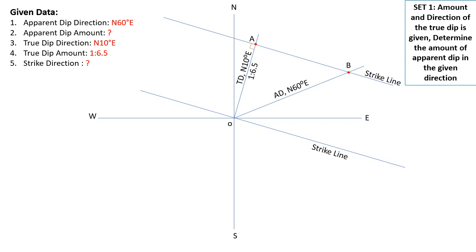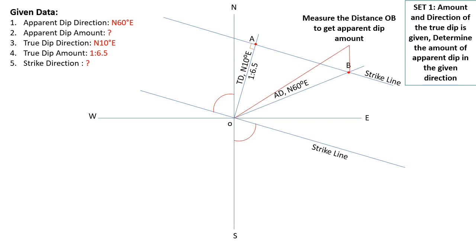We have drawn the apparent dip direction north 60 degree east, and where it meets the strike line, that is the amount in the given direction, north 60 degree east. So if you measure the distance OB, that is the required apparent dip amount. Okay, so this is the first problem we have solved.